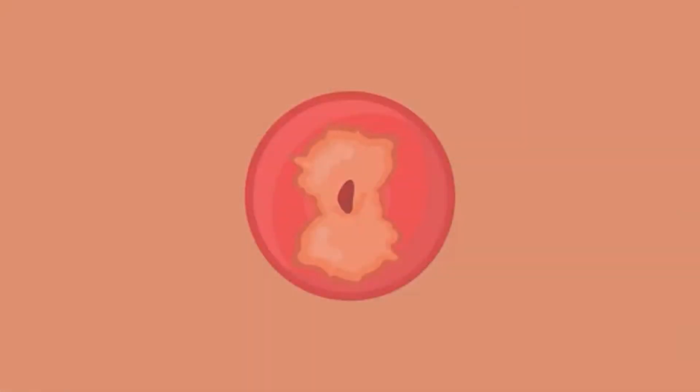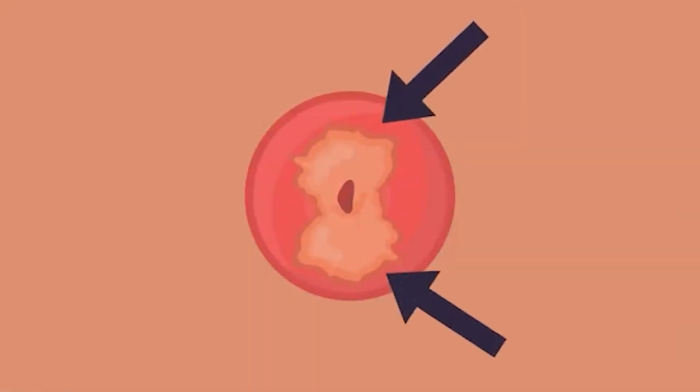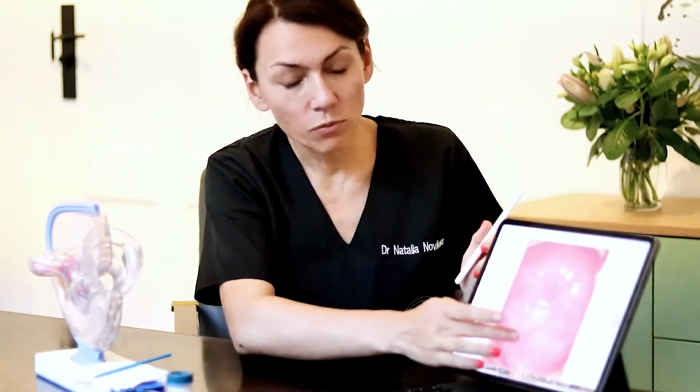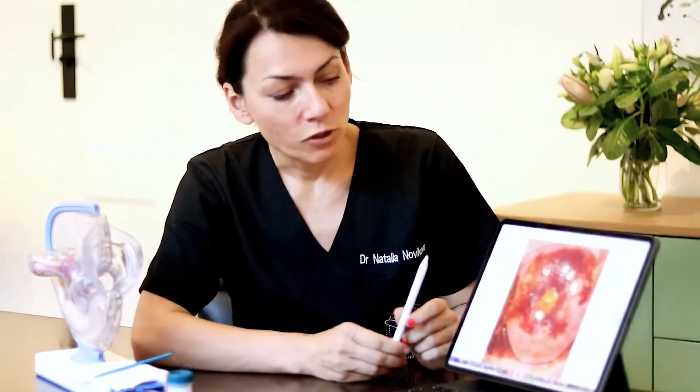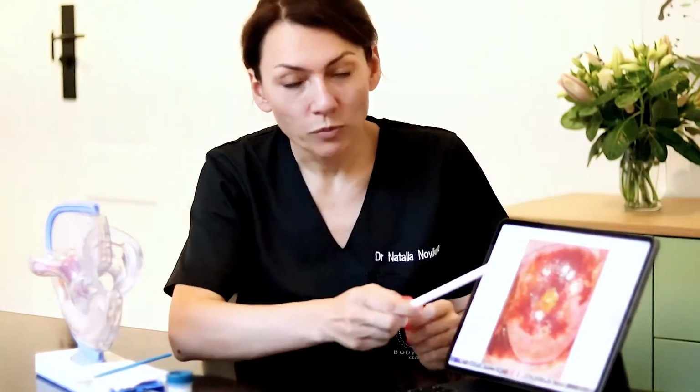We would then apply acetic acid or vinegar to this area, which would highlight abnormal cells, and they would look white. We would then apply iodine solution, which would once again leave abnormal cells in a white color and color normal cells into the brown color.